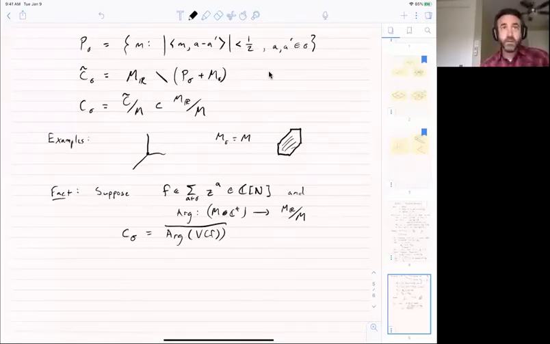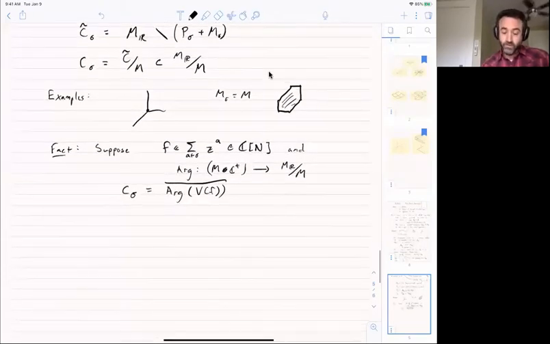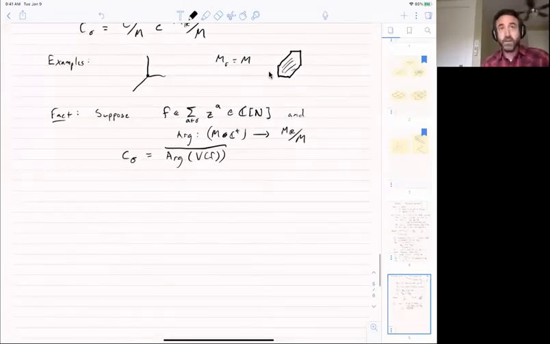Okay, and so from this data, we can then define the phase tropical variety, or hypersurface, I should say.